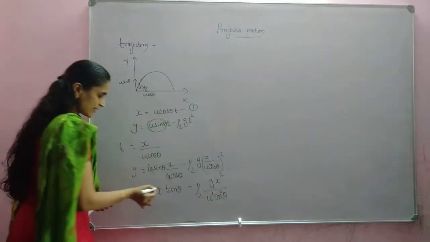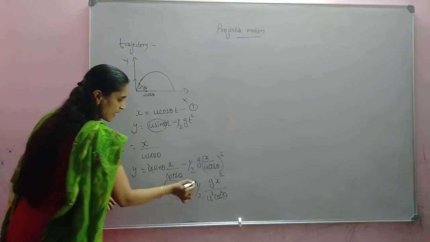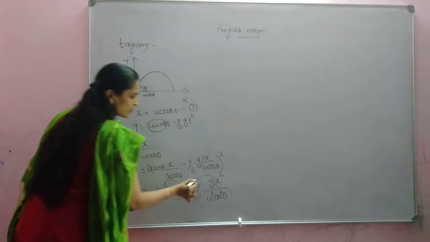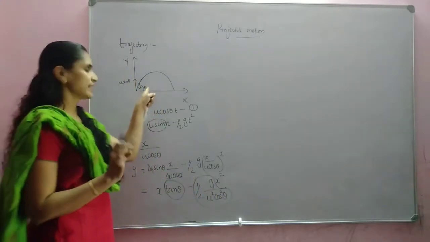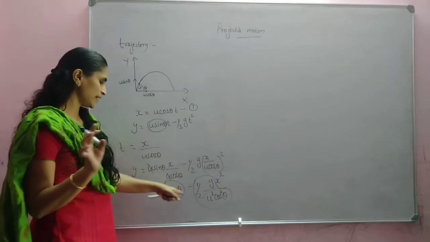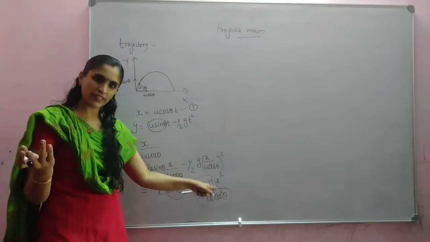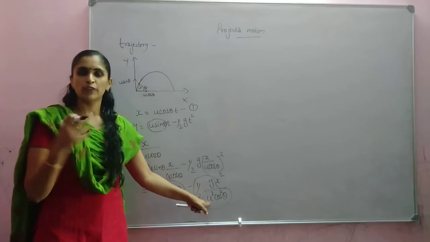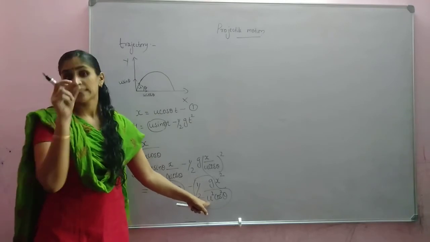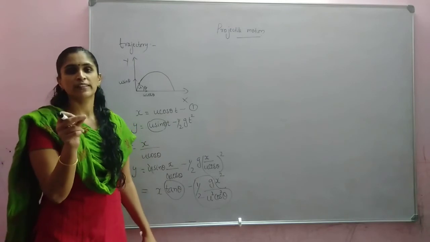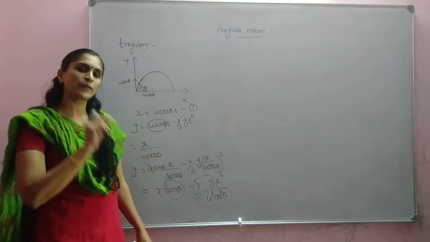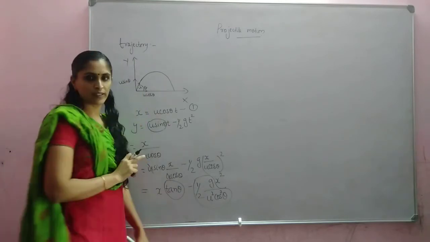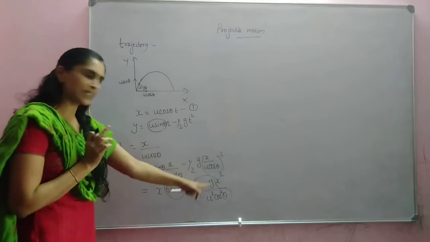Here you can see that tan theta is constant and this term is also constant. Once it is projected, theta will be the same throughout the journey. Acceleration due to gravity is also the same, and initial velocity is also the same for a given projectile. You can project the same object with different velocities, but once it is projected, we cannot vary the initial velocity and angle. So all these terms are constant.